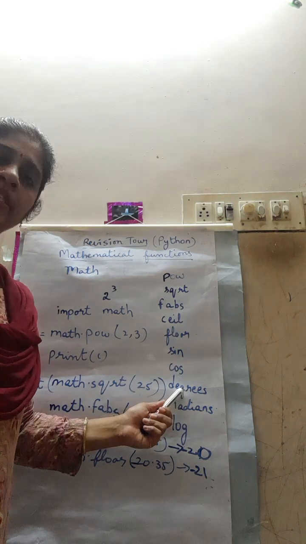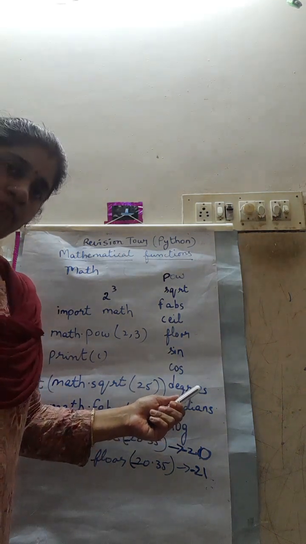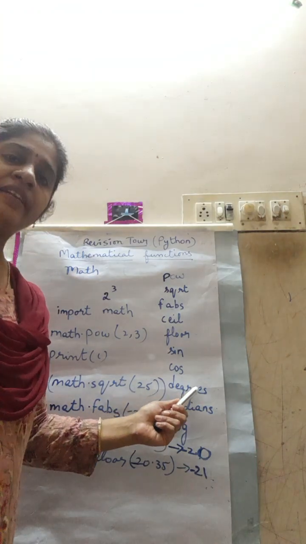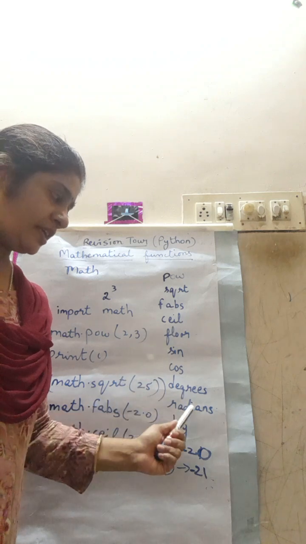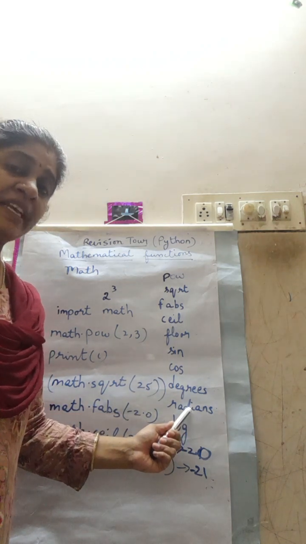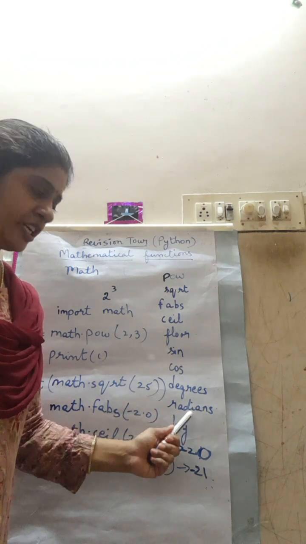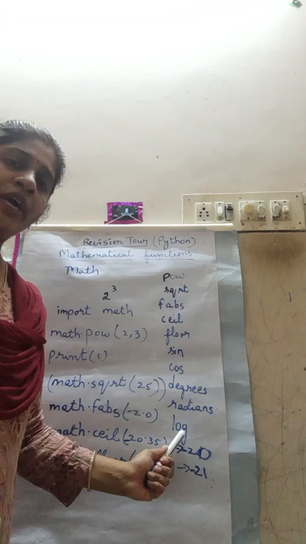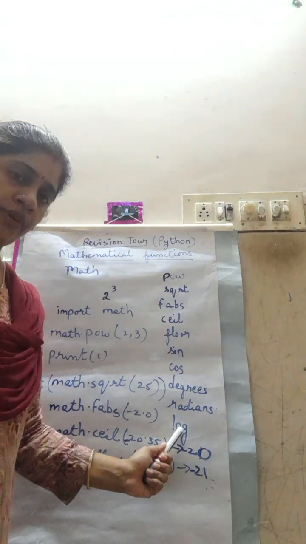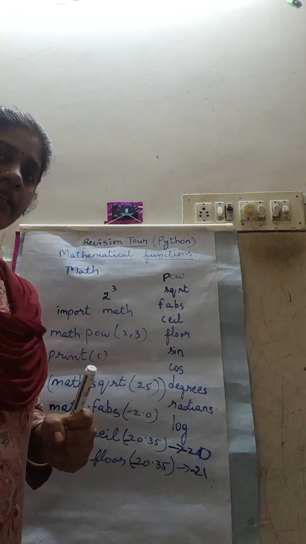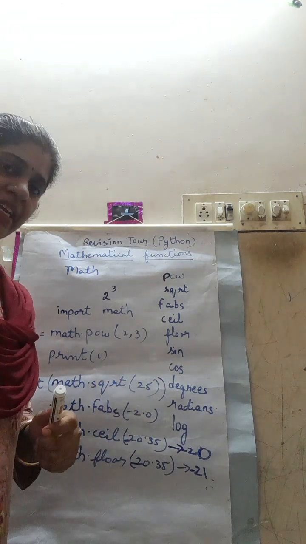Degrees will convert whatever radian value you pass into degrees. Radians will convert whatever degree value you pass into radians. And log will give you the logarithmic value of the number. So this is about some of the mathematical functions.